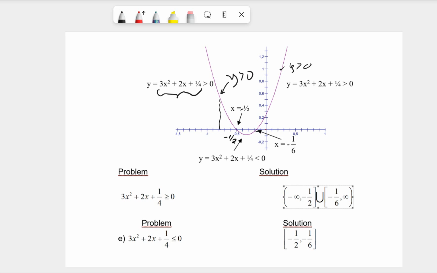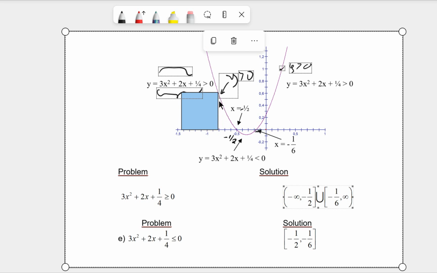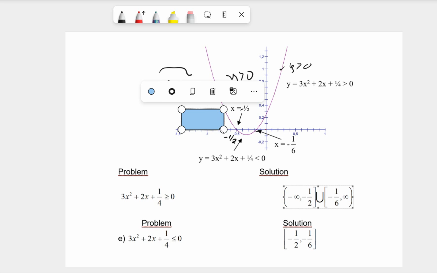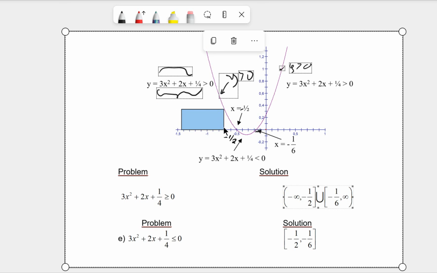But what you have to find is the x. You want to find the x, this is the x, and this is the y. And then, if you move this way, for those x, y is greater than 0.